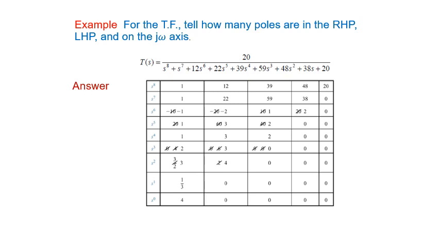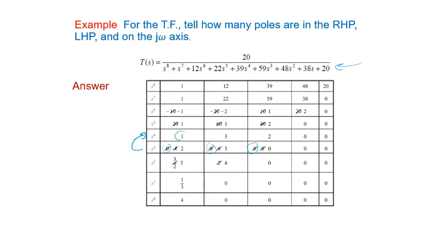So let us now look at this example. In this example, we have the characteristic equation, and from it we will build the Routh-Hurwitz table. Building the Routh-Hurwitz table, we come across this row, which is 0, 0, 0, and we are going to solve it. To solve it, we build the auxiliary polynomial, taken from the previous row.